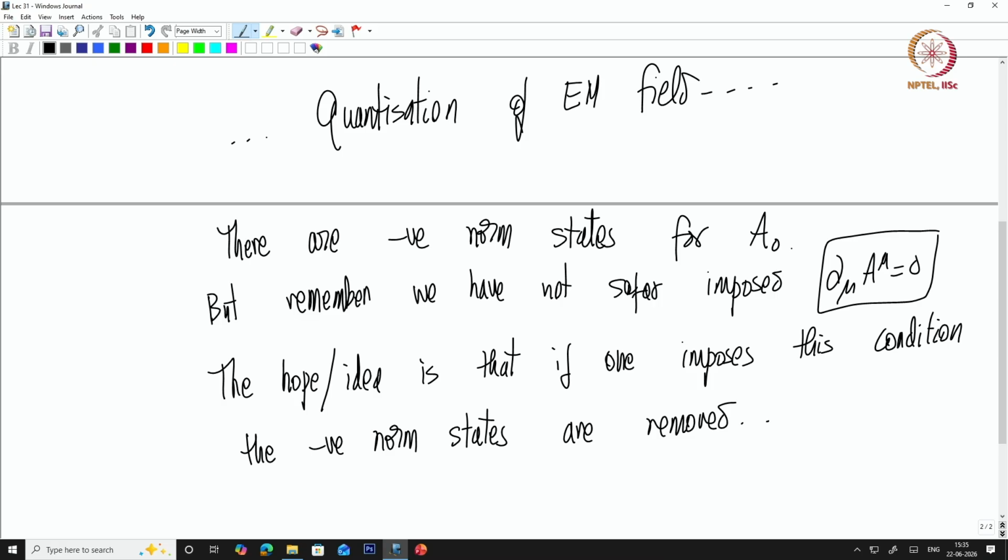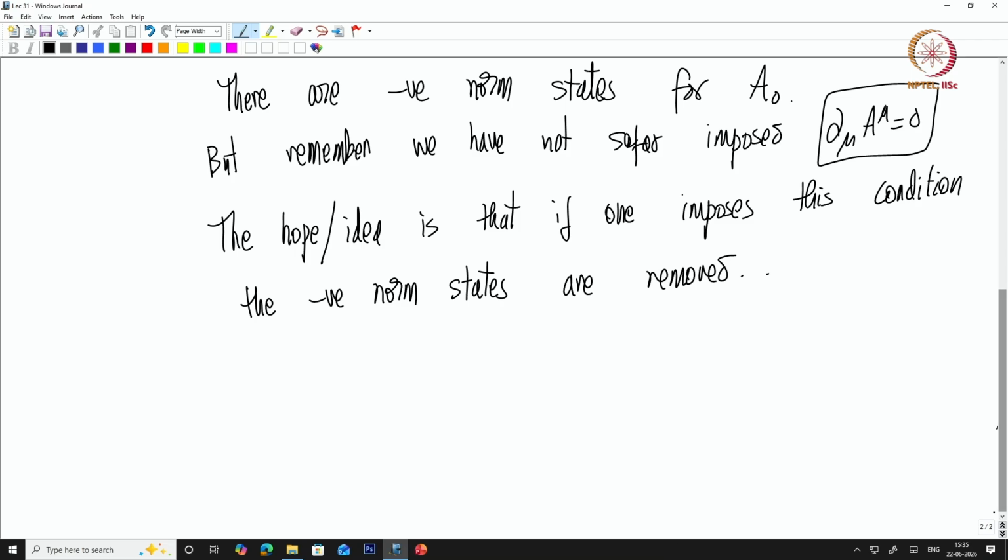You do not impose this directly, because it turns out that the procedure is slightly complicated.